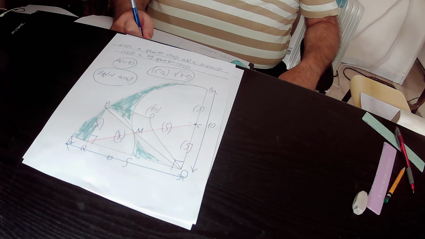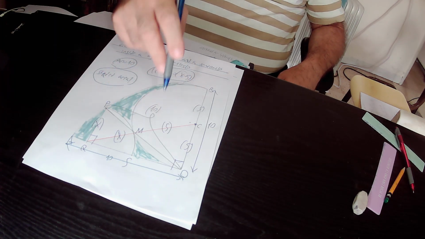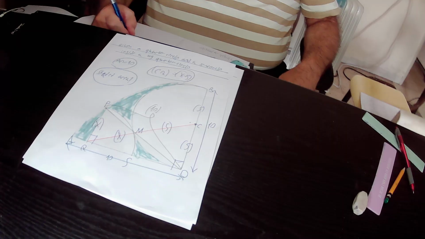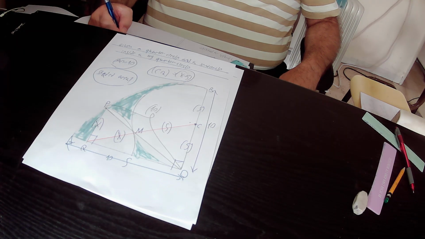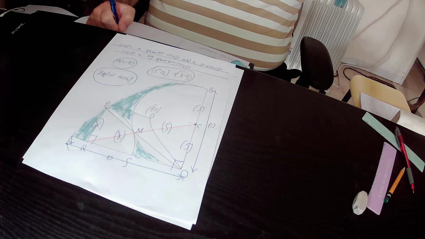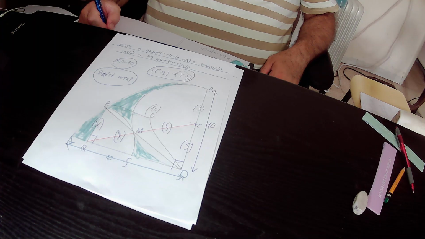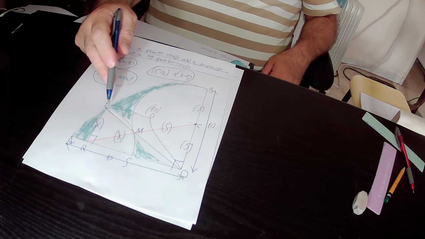And from the drawing, it is very easy to see that the size of this shaded area in total will be equal to the area of this big quarter circle AOB minus the area of this semicircle minus the area of this small quarter circle PQS.